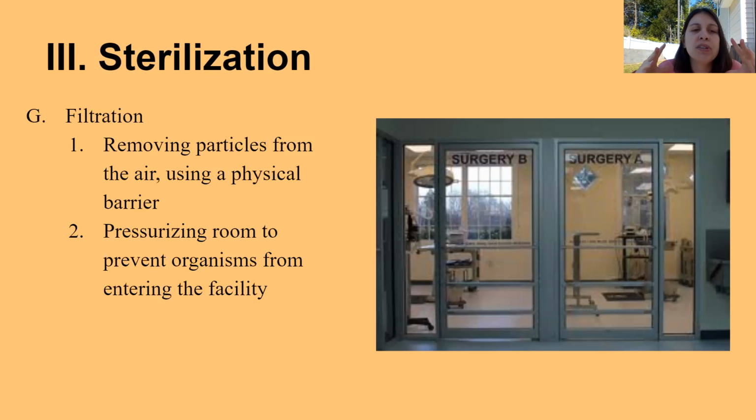You want the room to be very clean, the air filtering in to be clean, and the air going out not going to another room. You don't want the air from the surgical suite going to the kennel room or the waiting room. It has to go outside. It's not getting filtered through the rest of the office.